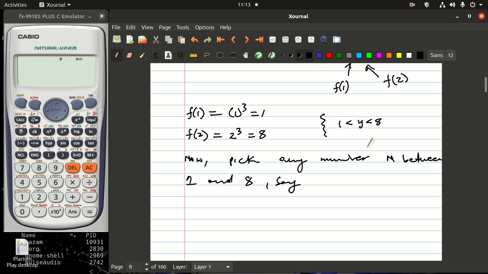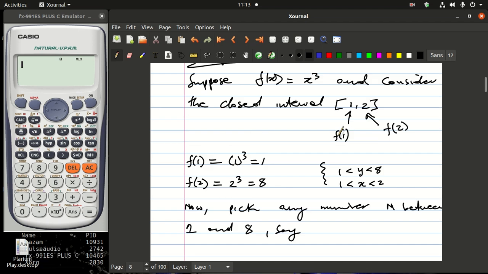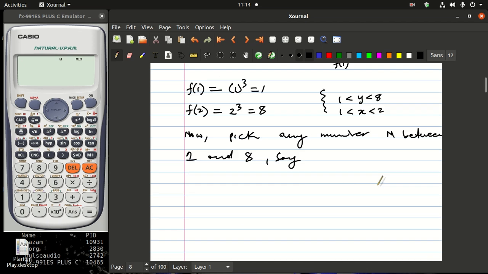So now, can we get an x value that is less than 2 and also bigger than 1? This 1 is this 1, this 2 is this 2, and this y is the value that we are picking. So we want to see if its input would always be in between those.